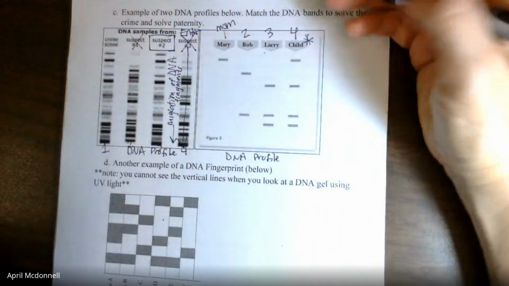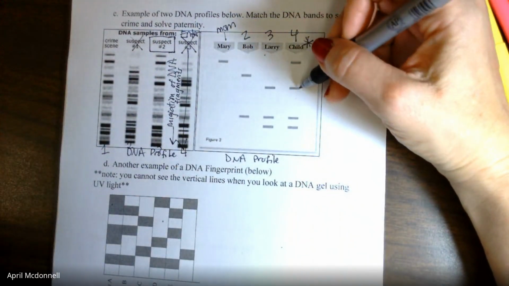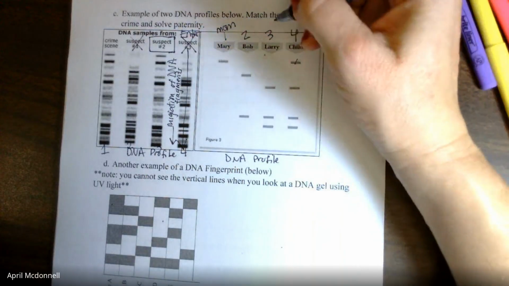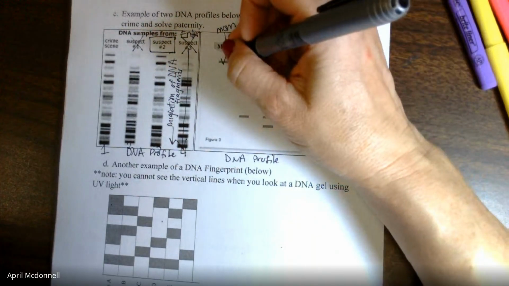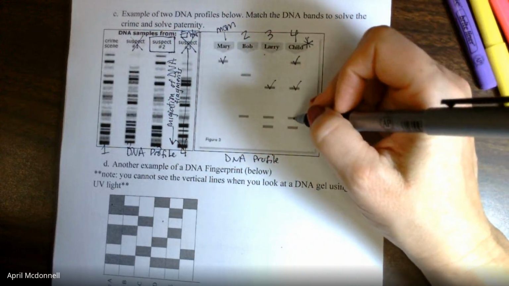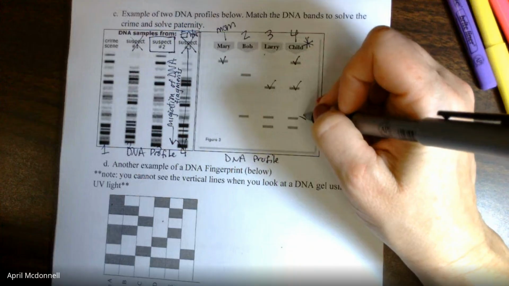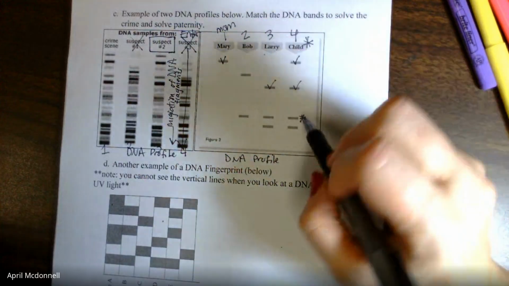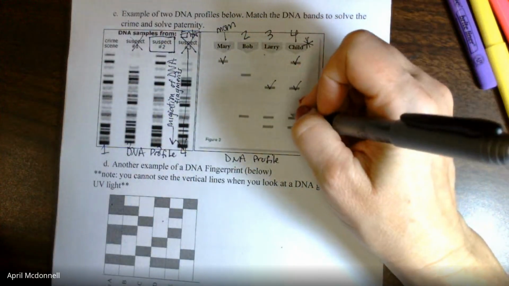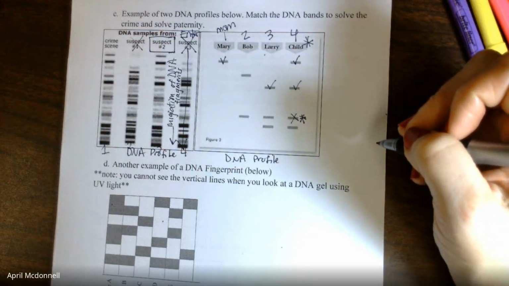So remember that the child's DNA bands have to match up with either mom or dad. So this first band here matches up with mom. The second band matches up with Larry. The third band from the child matches with both Bob and Larry, so we're not going to be able to use that band to establish paternity.